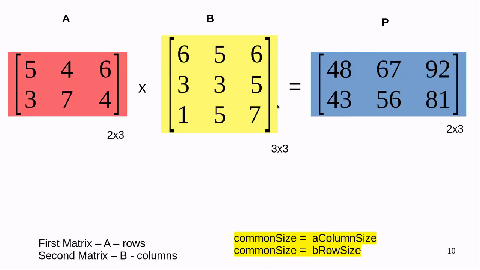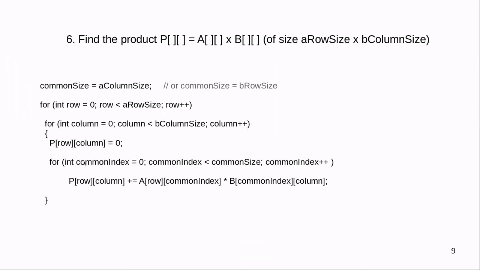So here you have to be careful. These two are covered. Here the number of multiplications actually comes here, and again you have to see common index equal to 0, and it gets incremented by 1. If you look here, we have a particular position, p row of column, and the element that we selected for a row of A is dependent upon this value, and the column of B matrix is dependent upon this column.